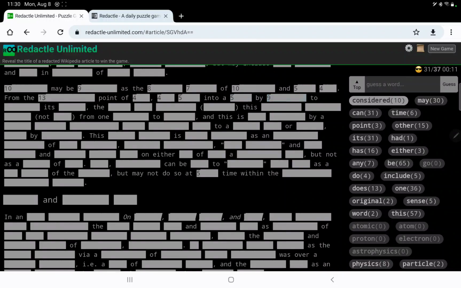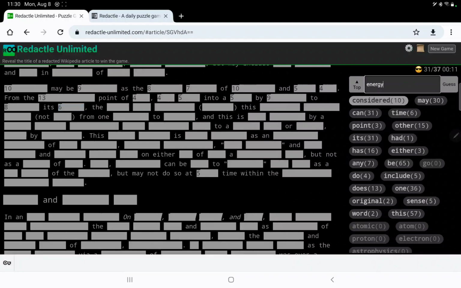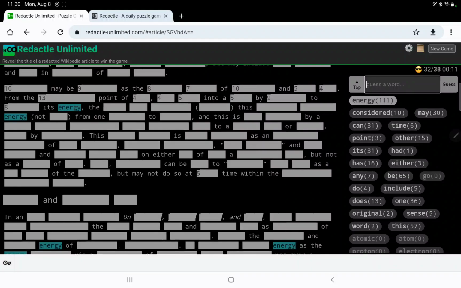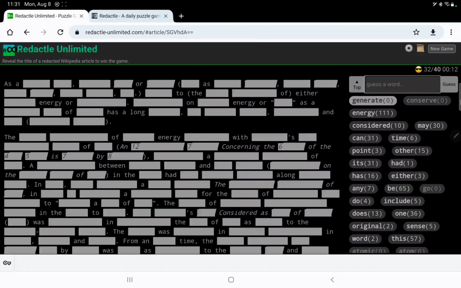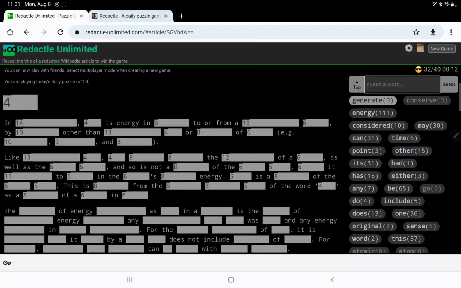4, 5 into a 5 by 9 to 8. It's energy. Oh, no, that's ridiculous. Conserve. No. Generate. No, but let's, oh my goodness, 111 energies. Do we have it up in the top? There we go.